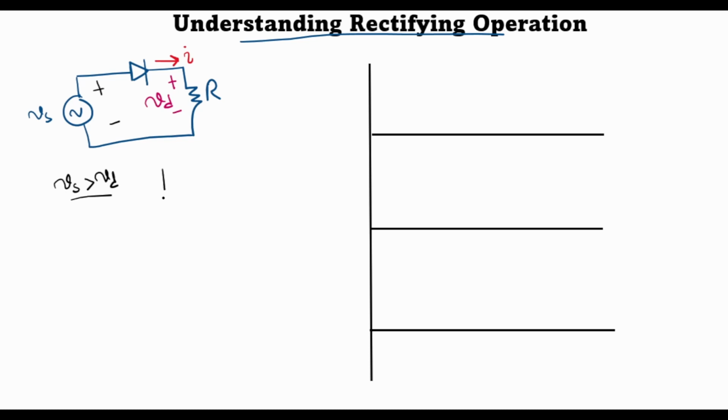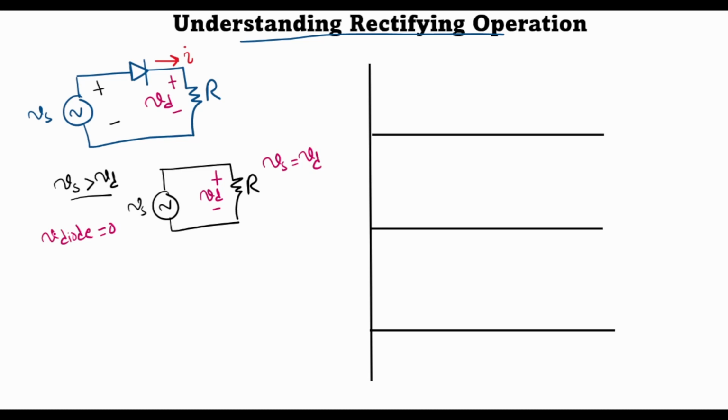So in this case, the circuit can be drawn like this: Vs in series with the resistance R, and all of the voltage Vs will appear across the resistance Vd, and thus Vs is equal to Vd in this case. So we are assuming an ideal diode where in forward bias condition the drop across the diode is equal to 0. It behaves like a perfect short circuit.